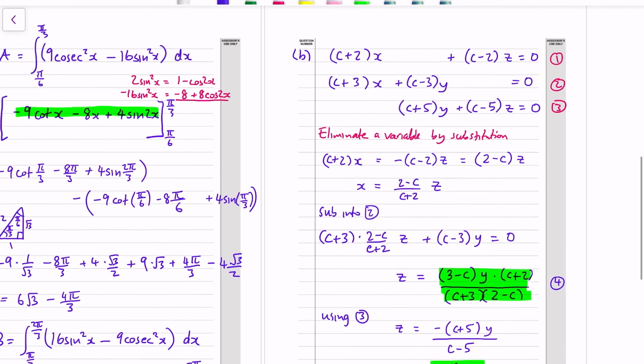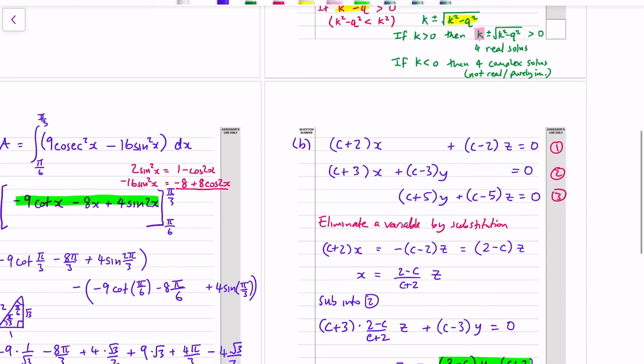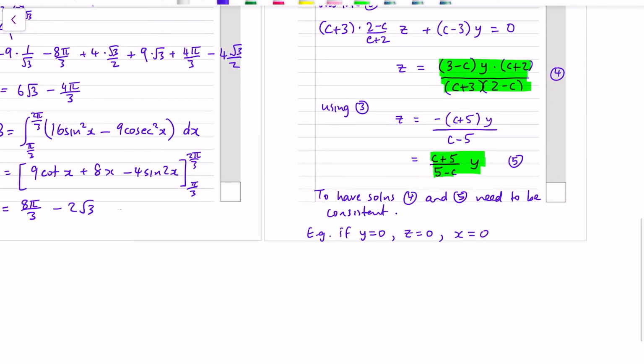And if we look at the original problem, if x, y, and z are all 0, every equation is satisfied, so it is a solution. There is always a solution, 0, 0, 0, a trivial one. To use some more lingo from the achievement standard, the system is never inconsistent, because there's always a possibility of a solution.